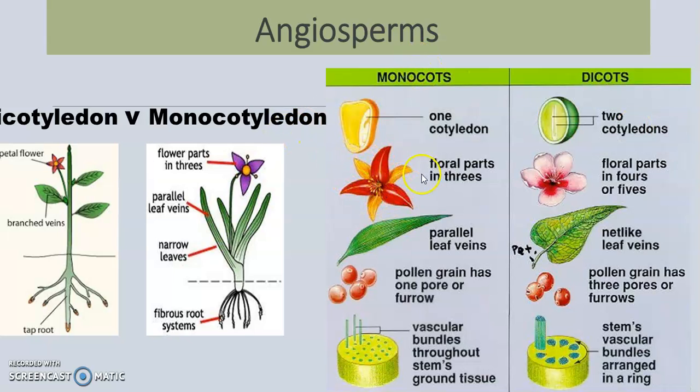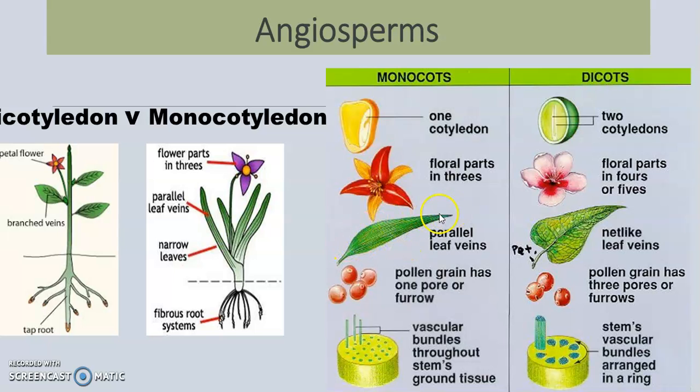If you look at the arrangement of the floral parts, the floral parts in monocot come in threes, petals or sepals as the case may be. But in dicot, the sepals are made up of 4 or 5, depending on the species of that flower.